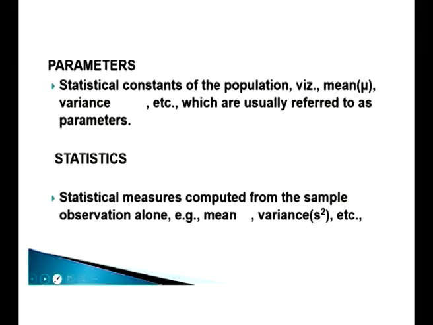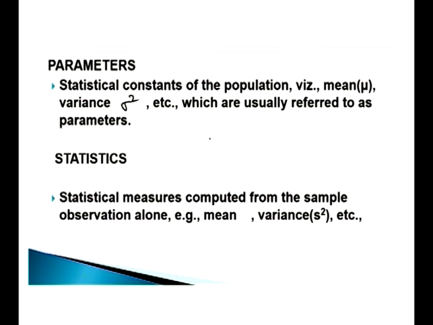The notations with respect to the population are called parameters, and the notations with respect to the sample are called statistics. Parameters are statistical constants of the population, viz. mean mu and variance sigma square, which are usually referred to as parameters.